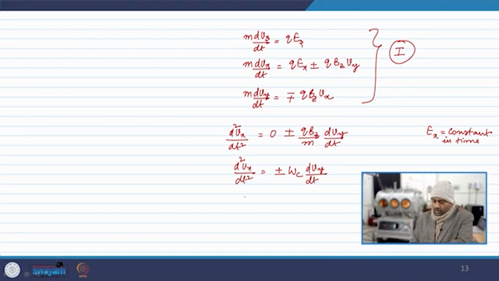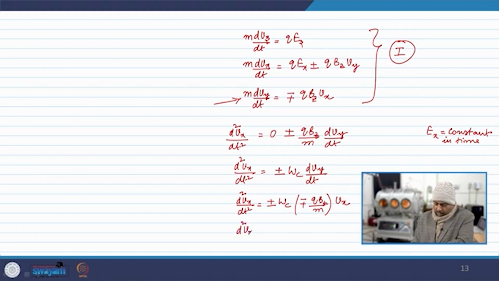Now, we will use dvy by dt here. From this equation, we will substitute on the right hand side. Then we will write d square vx by dt square is plus minus omega c, and dvy by dt is minus plus q Bz by m times vx, right. So, this is multiplication here within the bracket.